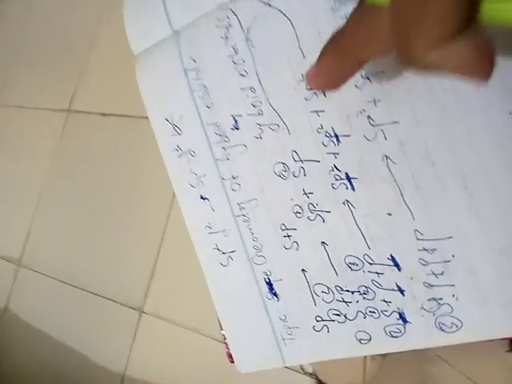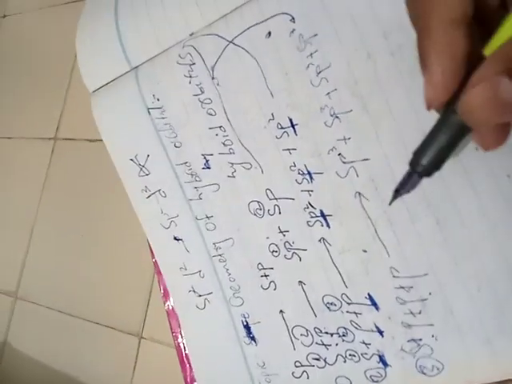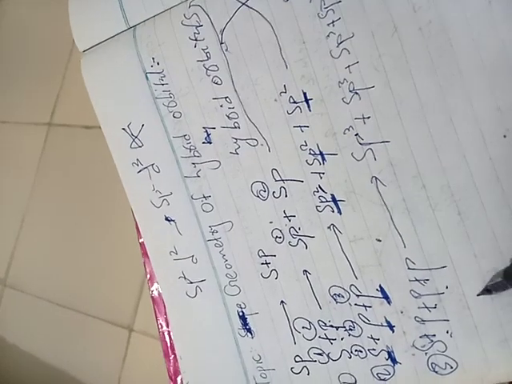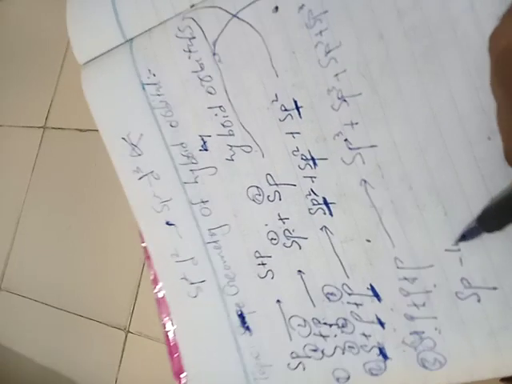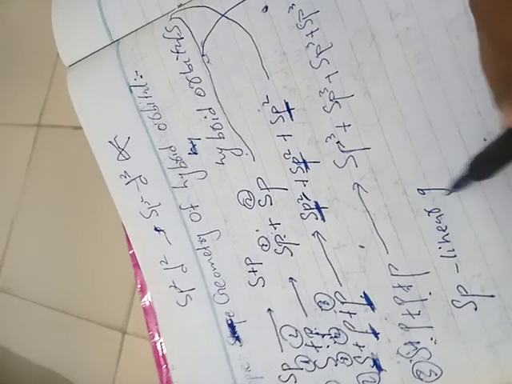I will draw only these orbitals. For example, here we have sp. As I said in the previous video, the sp orbital has a linear shape, a linear geometry.